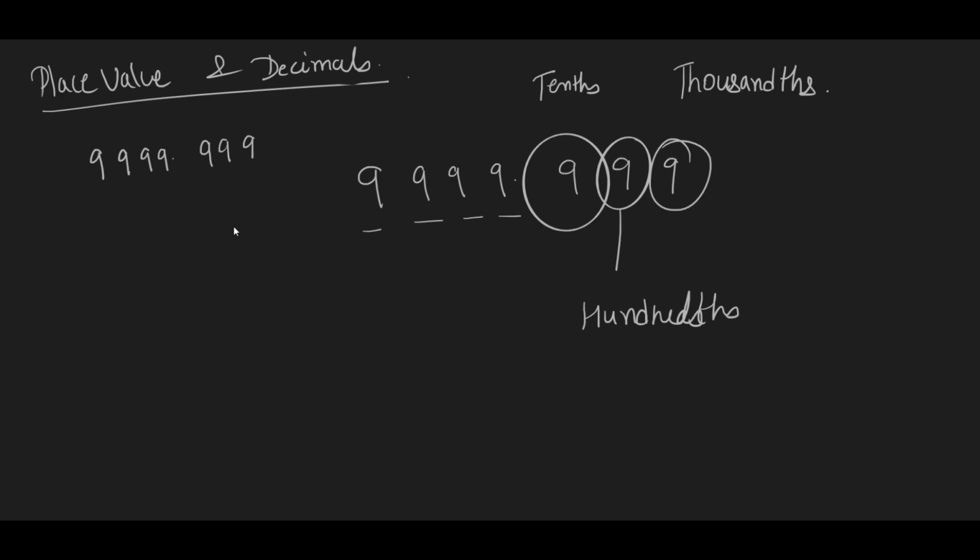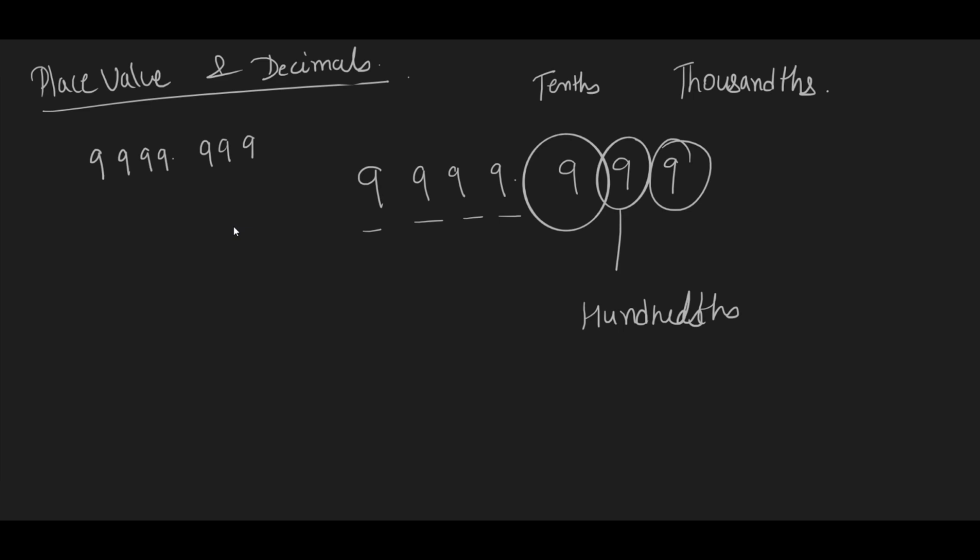So tens, hundreds and thousands, children. Okay, that means this number 9 has how many zeros below it? There will be only one zero. For 100 you will be having 2, and for 1000 you will be having 3.